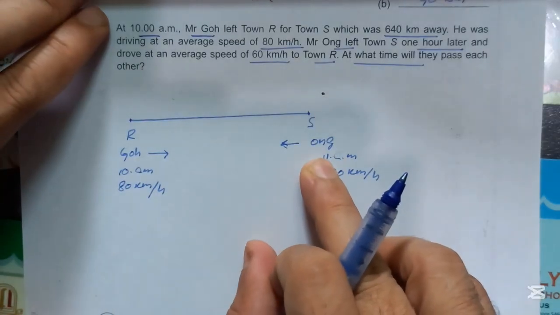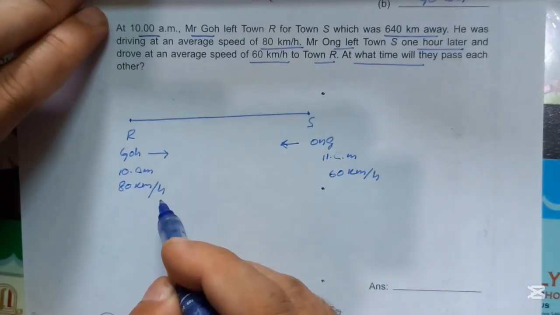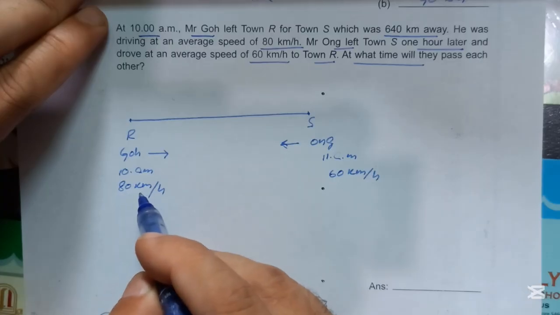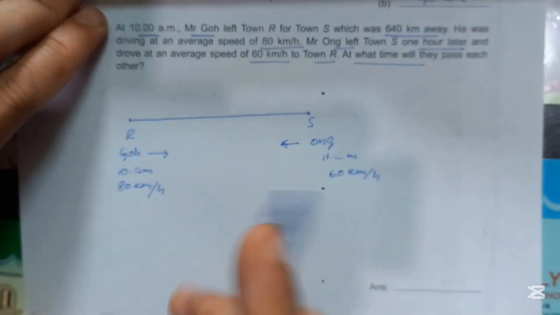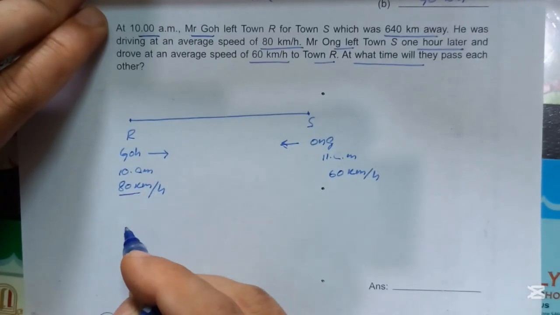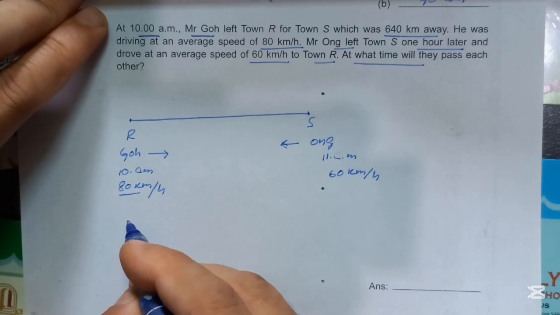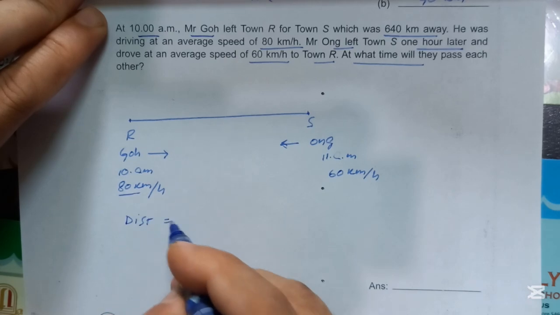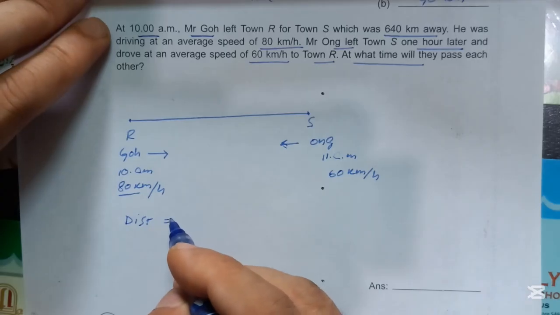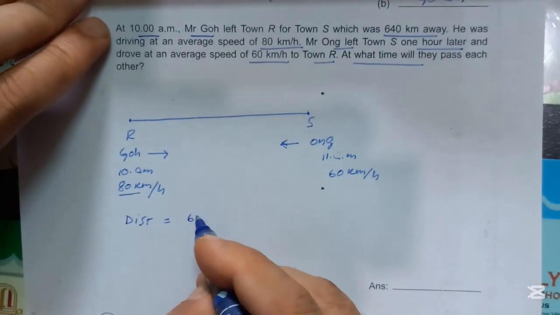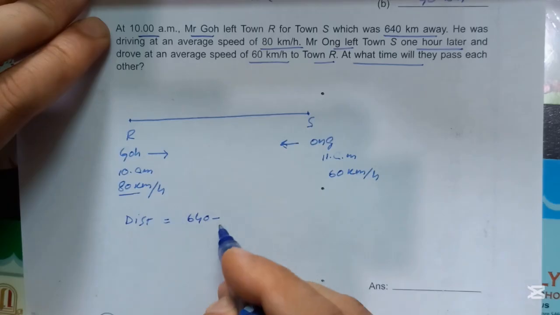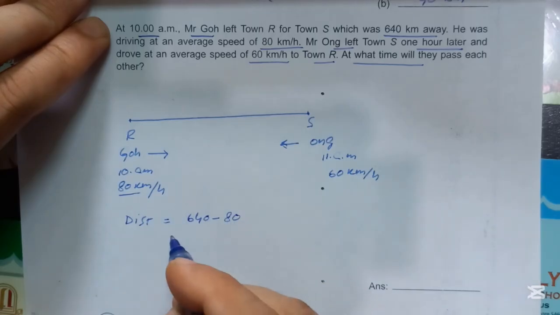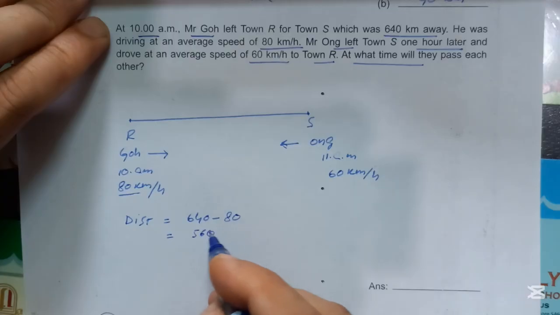So it means in 1 hour, Go has covered 80 km distance. So the distance which both have to cover to meet each other is 640 minus 80. That will be equal to 560 kilometer.